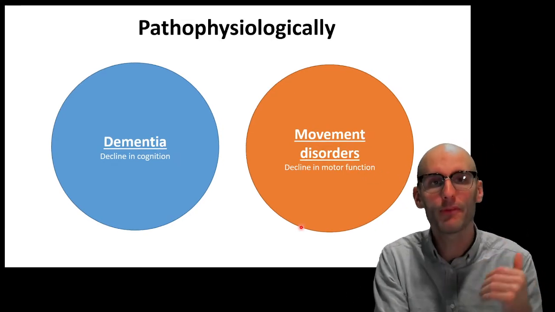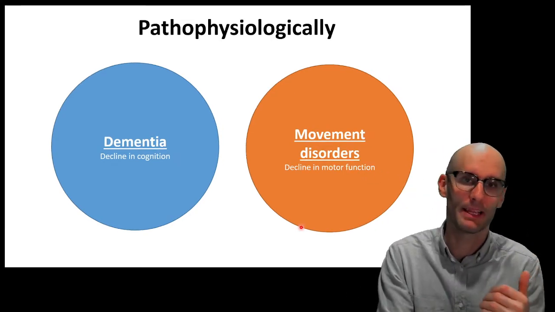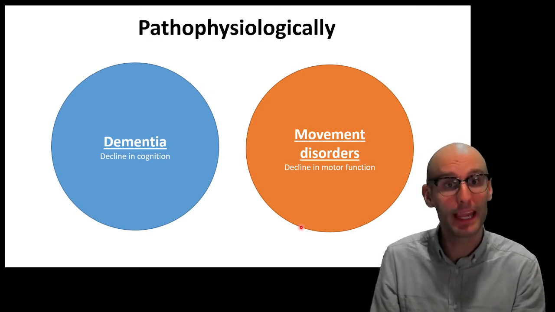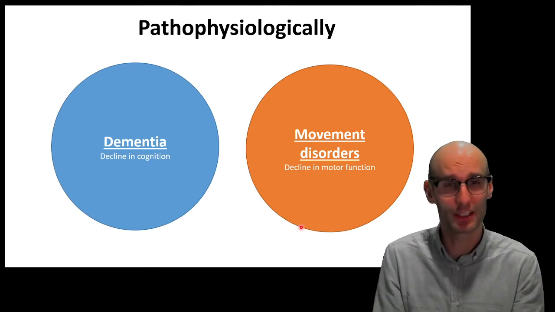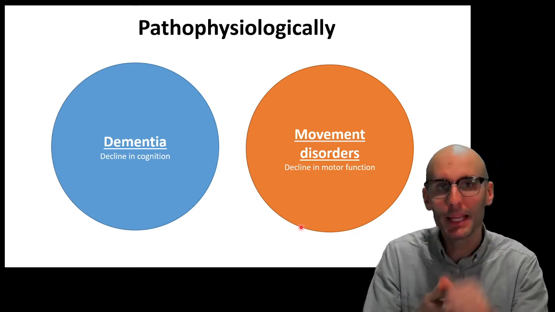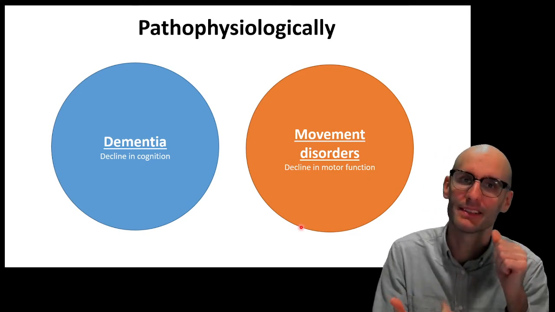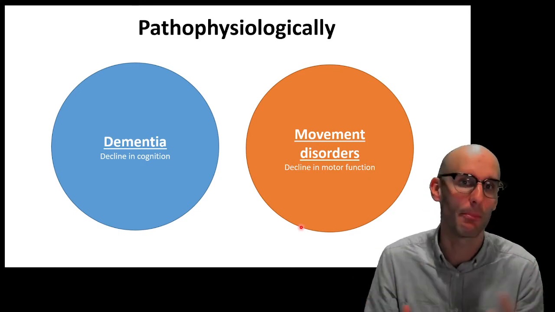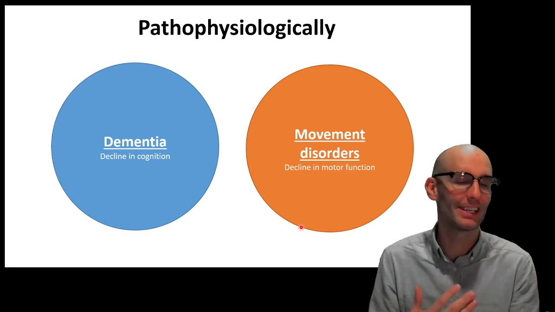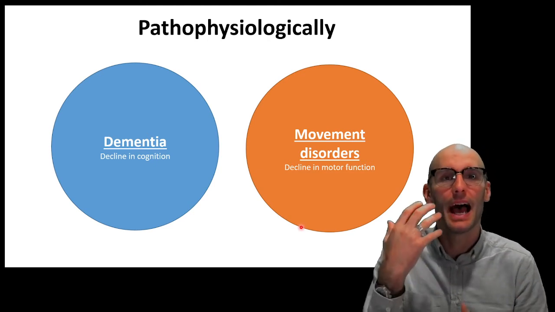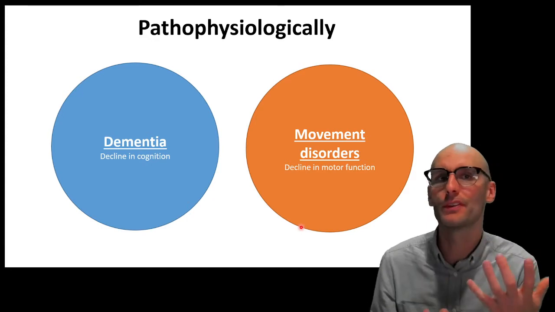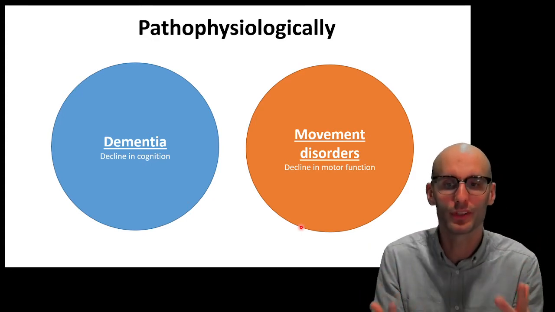However, pathophysiologically, that may not be the case. So patho means bad, and physiology describes the molecular processes, cellular processes, and the tissue processes that make up a human body. So pathophysiologically describes the bad, the disease-related physiology. What is fundamentally causing that disease?